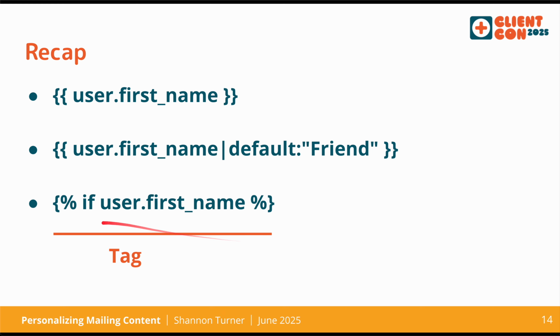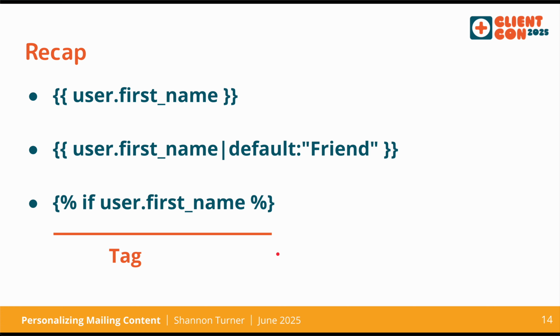And then this here is a tag. Values like these first 2, they always insert some text, but a tag can do lots of different things. Every single tag is different, but a tag is going to do something. Sometimes that's adding in text.